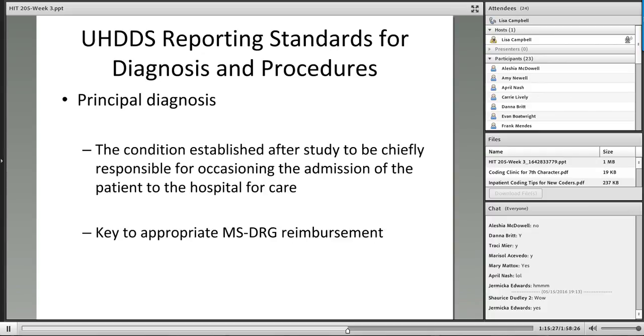I want you to keep in mind that there are some rules related to which of the conditions that the patient has can be principal. If you have not read section 2 of the guidelines, in the physical copy, the big 115 pages, section 2 is on page 96, 97, and 98.